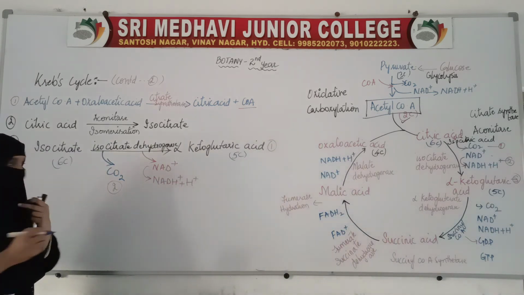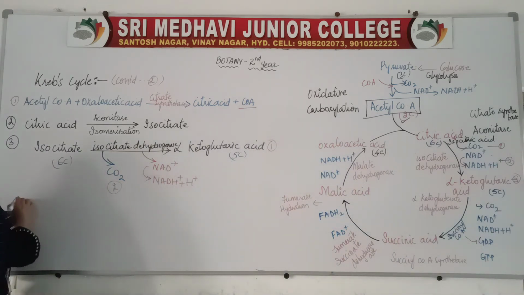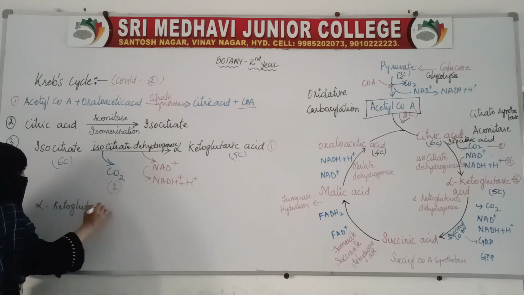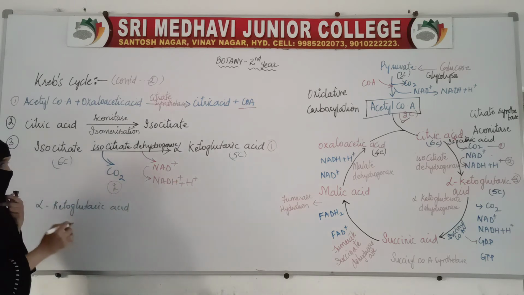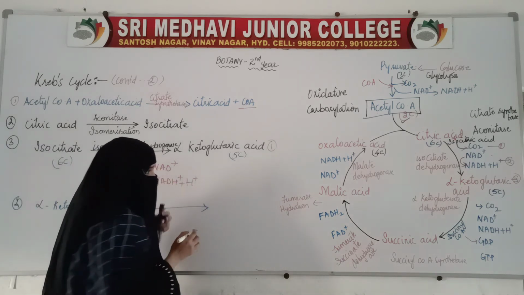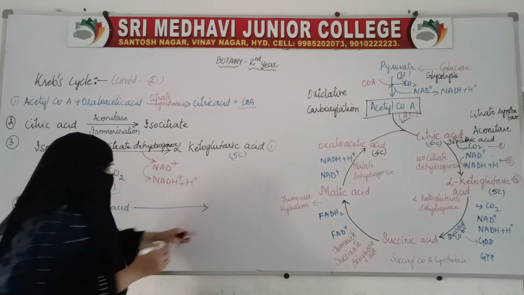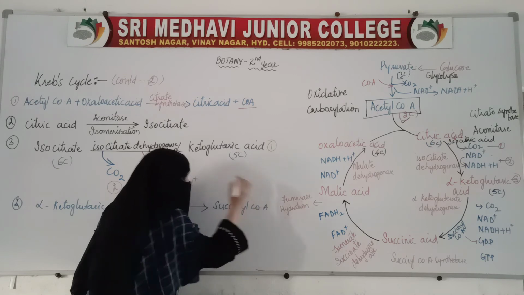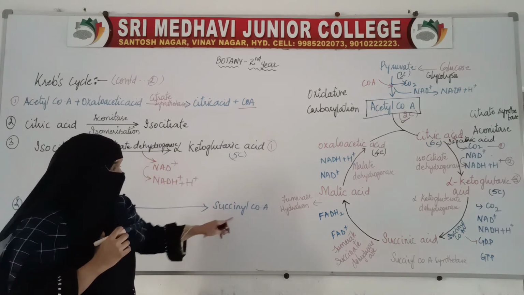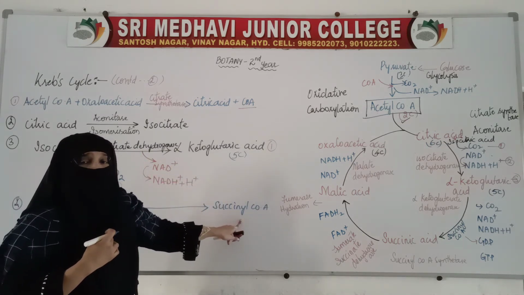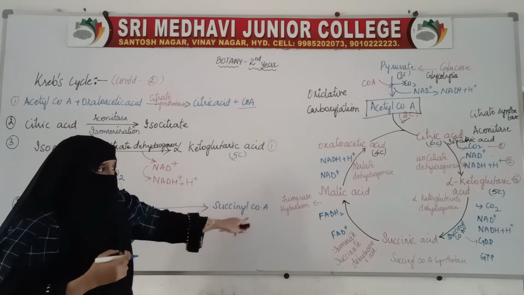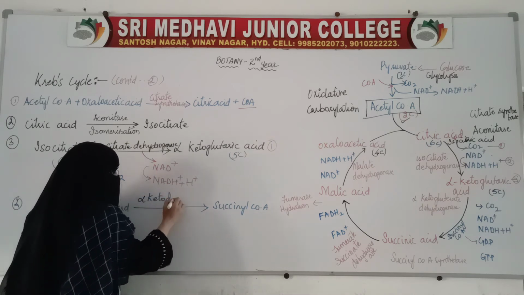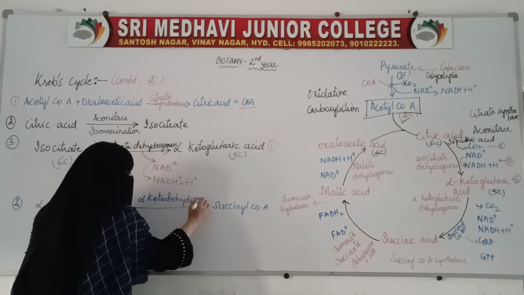In the fourth reaction, alpha ketoglutaric acid has changed to another compound, which is called succinyl coenzyme A, with the help of the enzyme alpha ketoglutarate dehydrogenase.